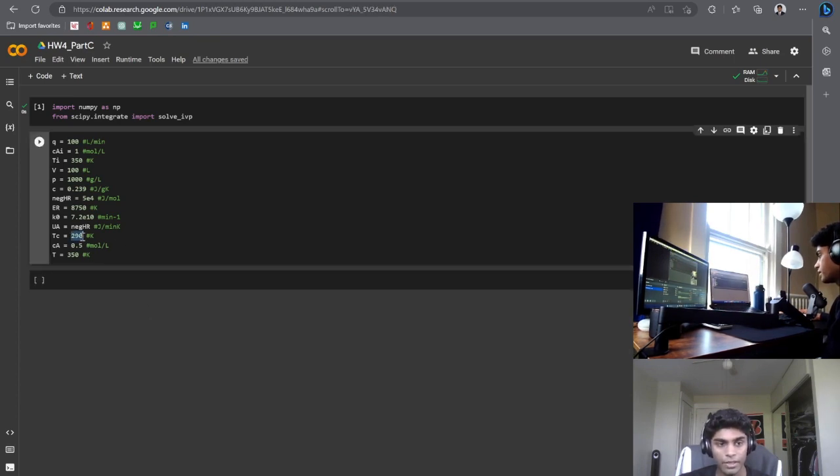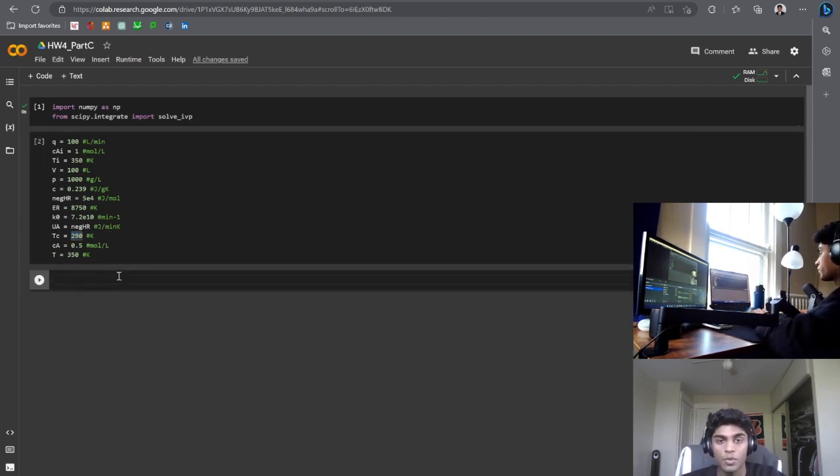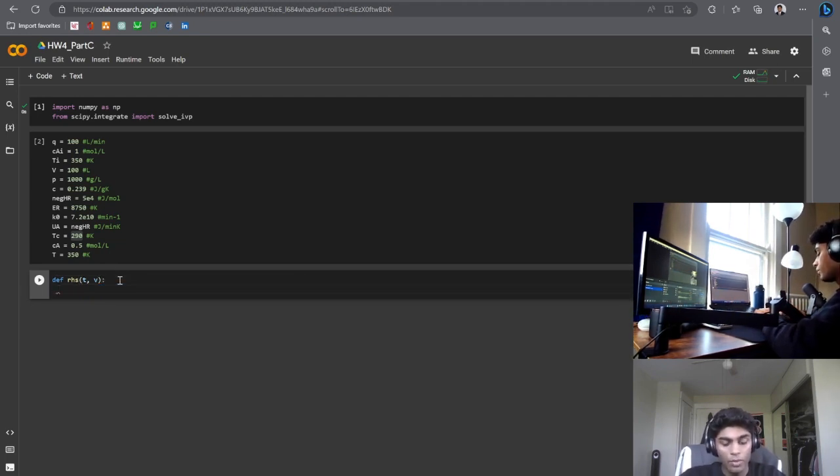We are changing that TC, the temperature of the coolant, to 290 instead of the original 300, just because that's part of the prompt and we want to see what happens when we change that from 290 to 305. So let's go ahead and start coding out our right hand side. We'll just name it that, right hand side. We'll have inputs of T and this vector, and we are going to unpack this vector into the CA and temperature.